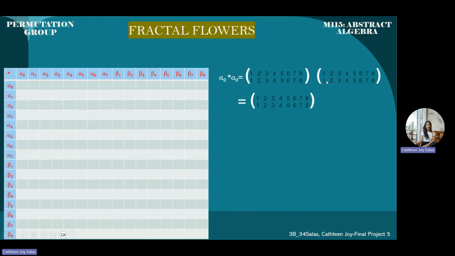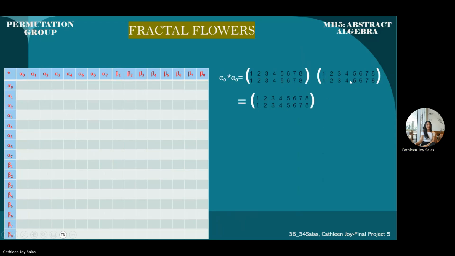And for 2 is to 2, we have also here 2 is to 2. Therefore, the product is 2. For 3, we have 3 is to 3. We also have here 3 is to 3. That's why we have the product 3. And 4 is to 4. That's why we have 4, and the corresponding elements is 4. That's why we have the product here 4.